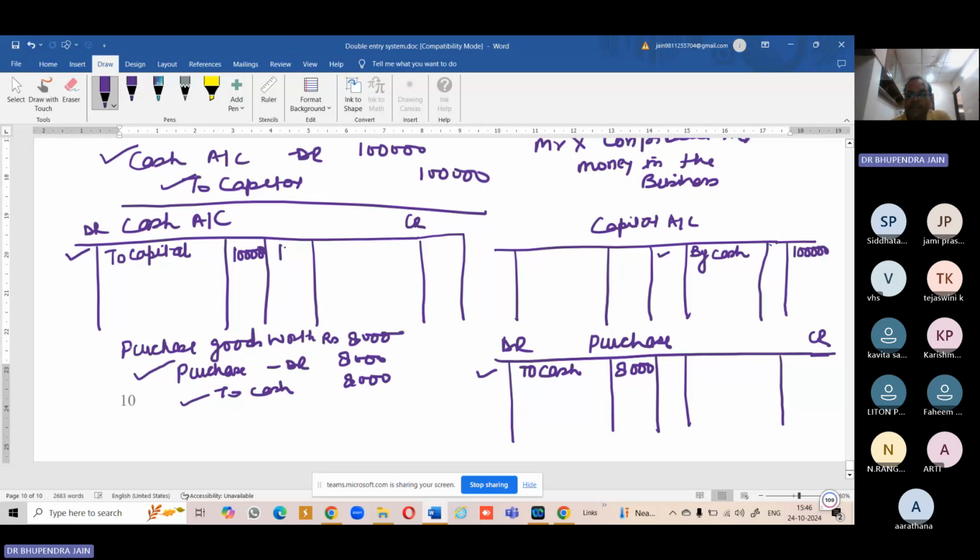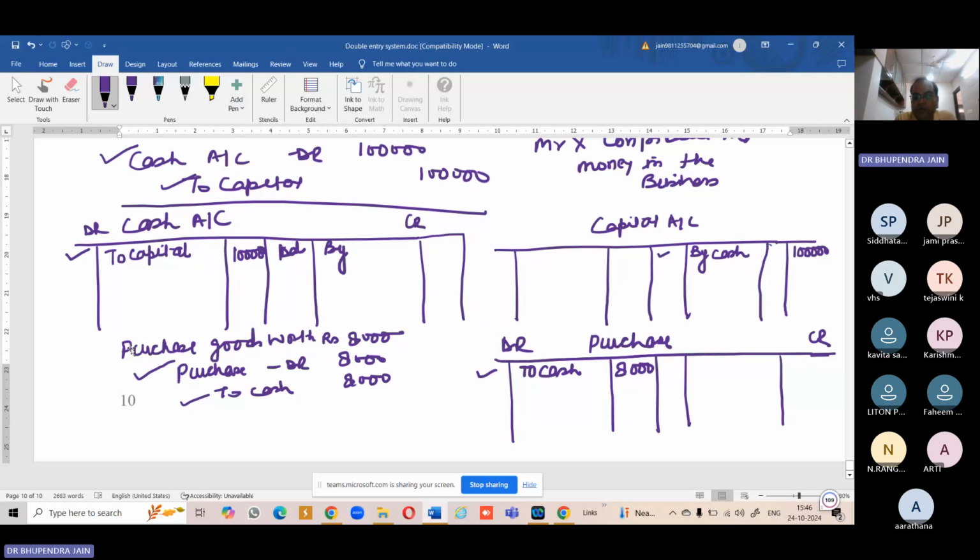And the entry is purchase account debit to cash, and the cash is given in the credit side. We have already created the cash account. So first write down the date here. तो यहाँ क्या लिखेंगे बेटा? By purchase. In the debit side it is 'to' and in the credit side it is 'by'.